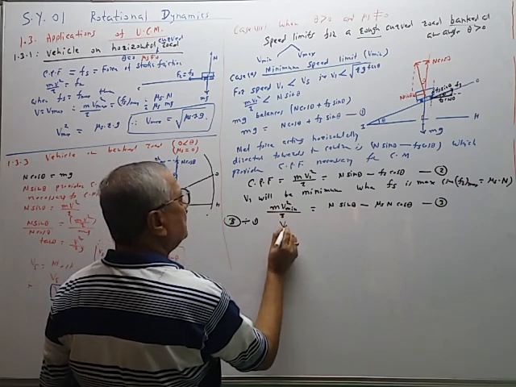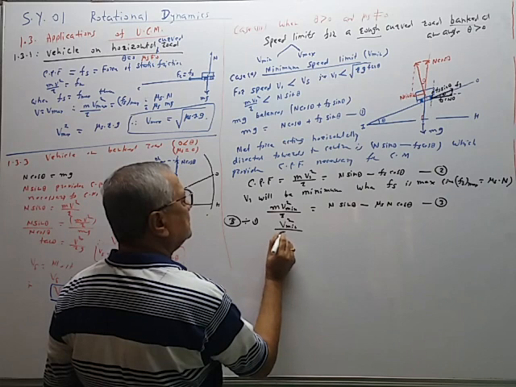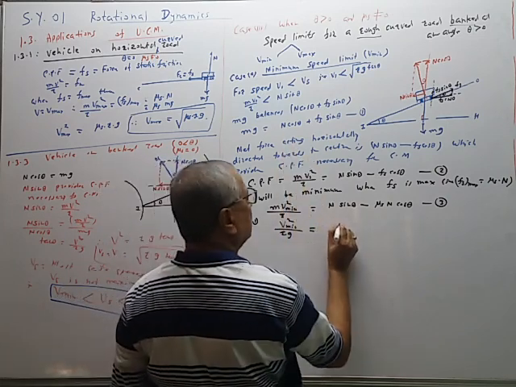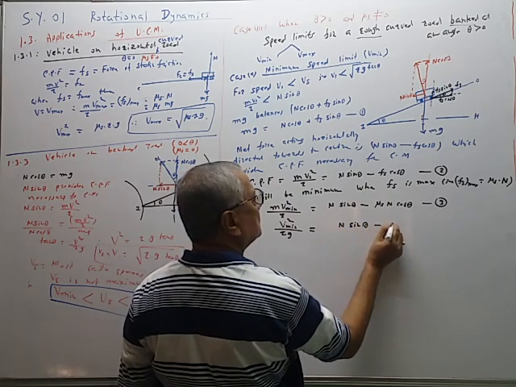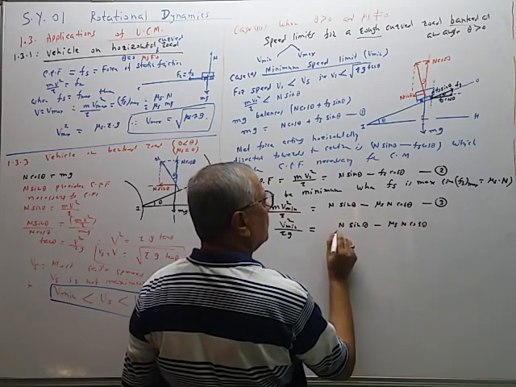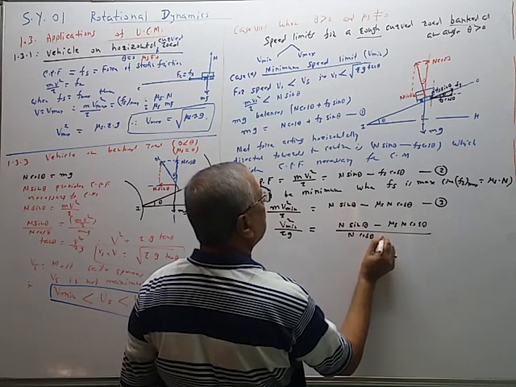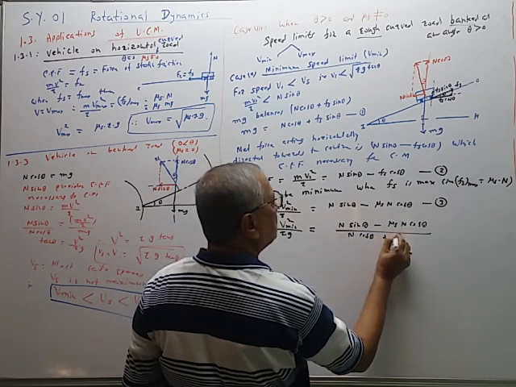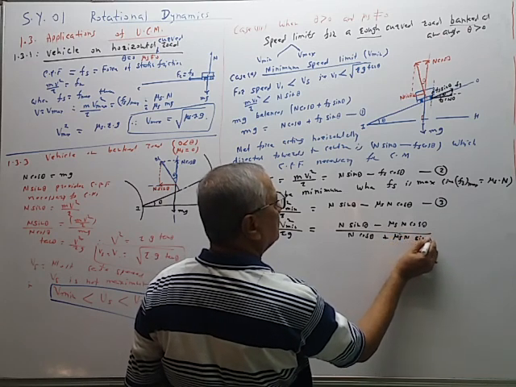So v minimum square upon r g is equal to N sin theta minus mu s N cos theta upon N cos theta plus Fs, again Fs replaced by mu s into N into sin theta.